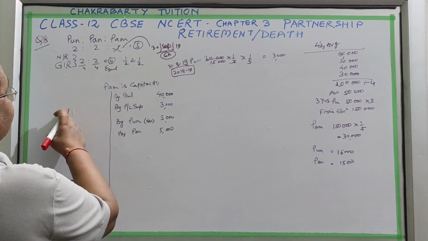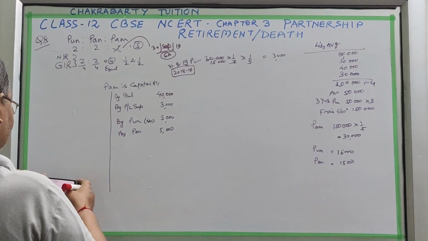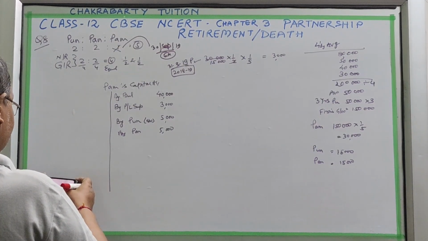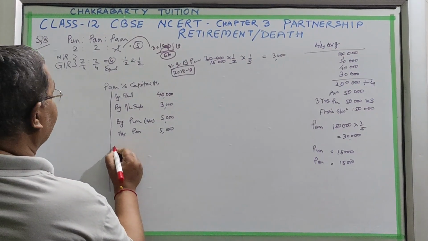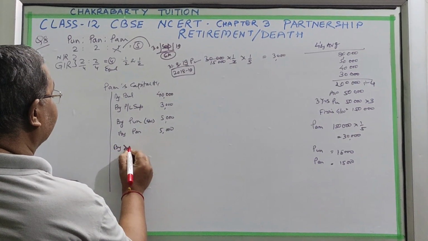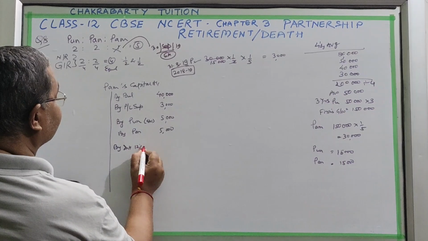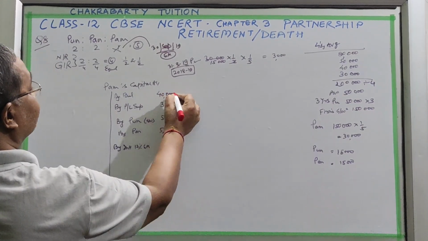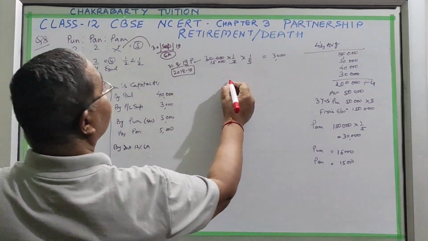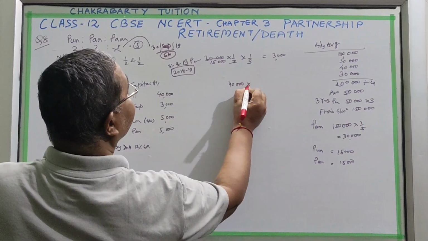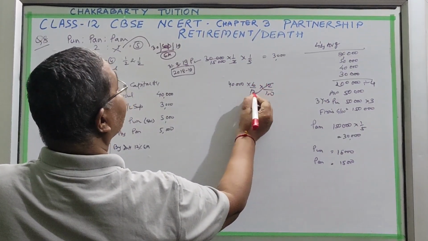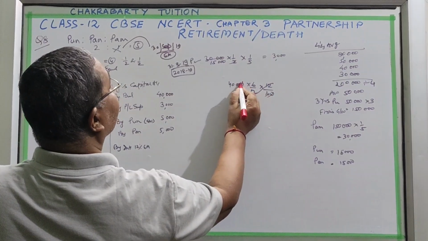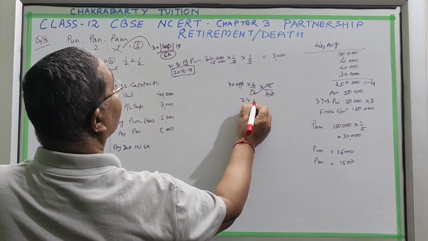General reserve is not there in the balance sheet, so nothing will come. Then he is entitled to interest on capital at 12% for 6 months. So 40,000 into 6 months into 12% is 2,400.